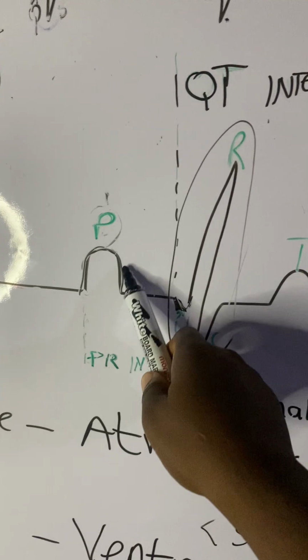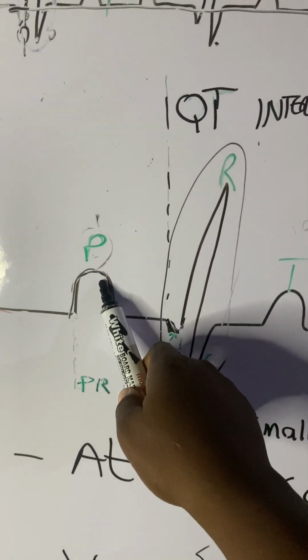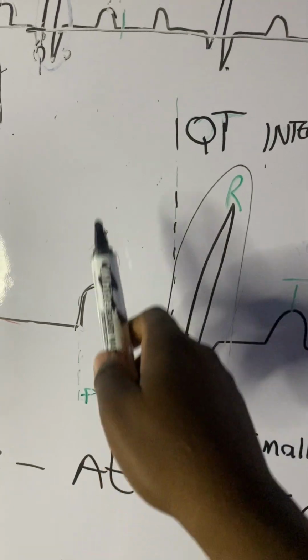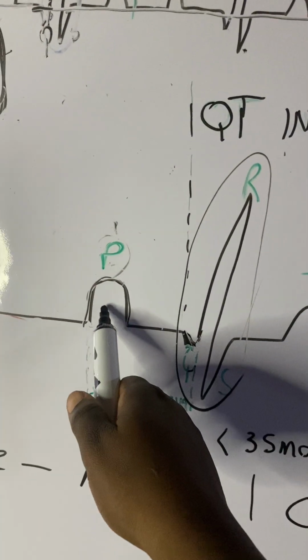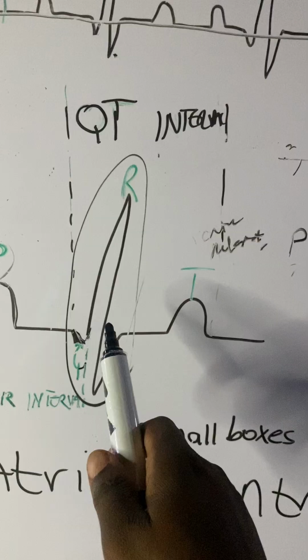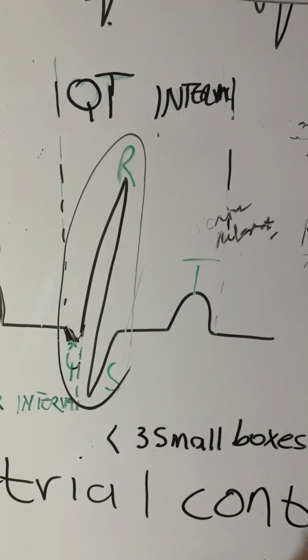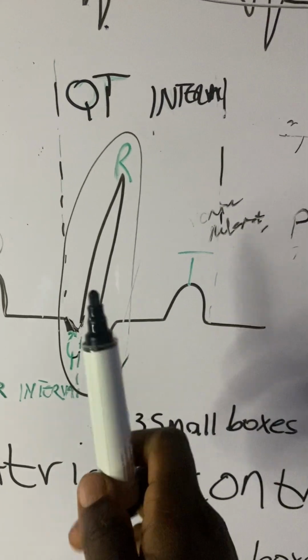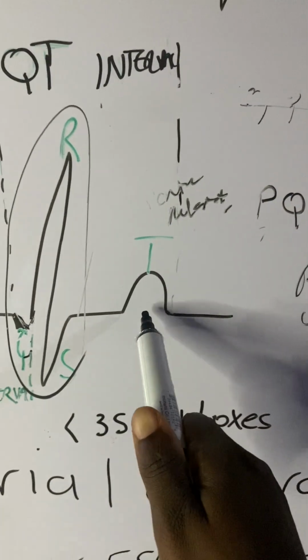If you know the normal, knowing that this is my P, representing my atrial contraction, it is not supposed to be more than 3 small boxes. This is my QRS, representing ventricular contraction or ventricular repolarization, and it is not supposed to be more than 5 small boxes. Now my T is also here.